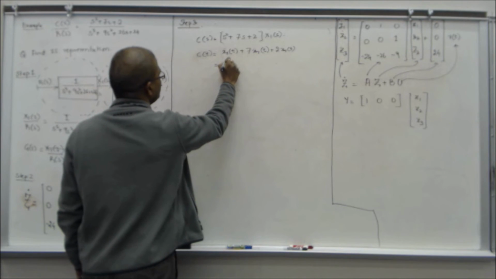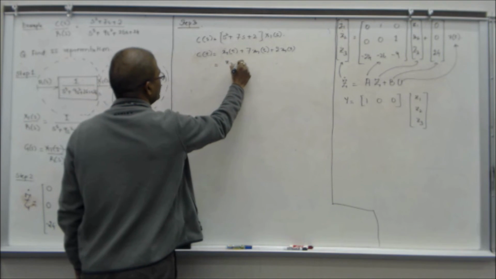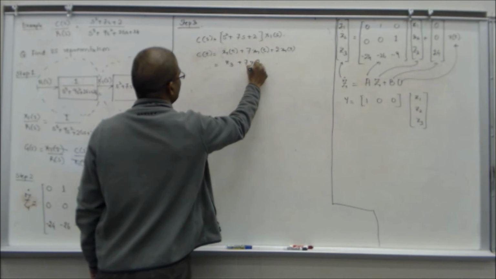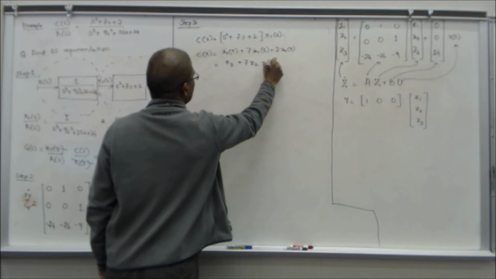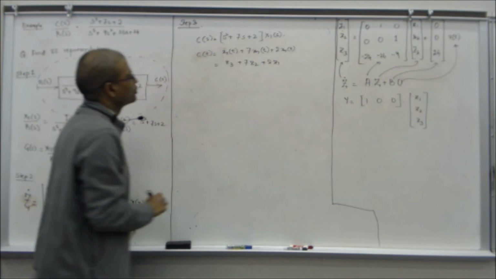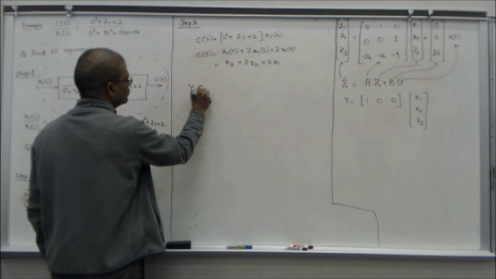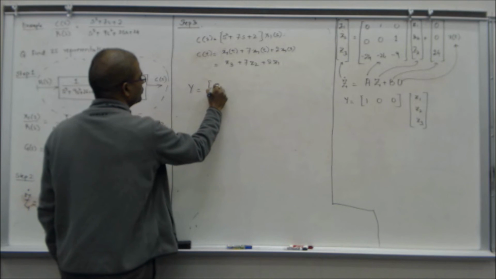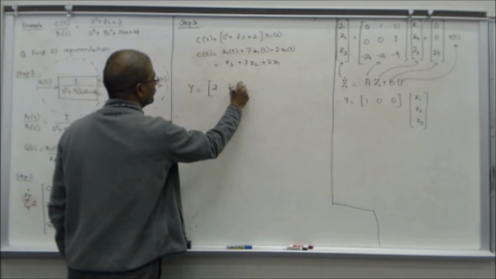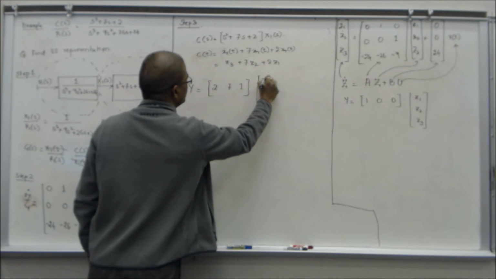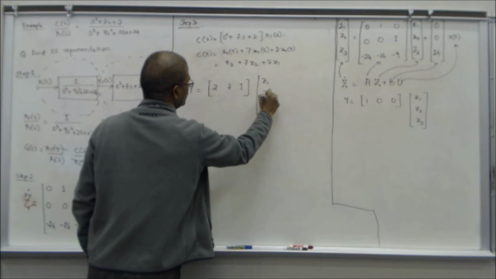This is Z3 plus 7 Z2 plus 2 Z1. Okay. So Y would be 2, 7, 1 times Z1, Z2.